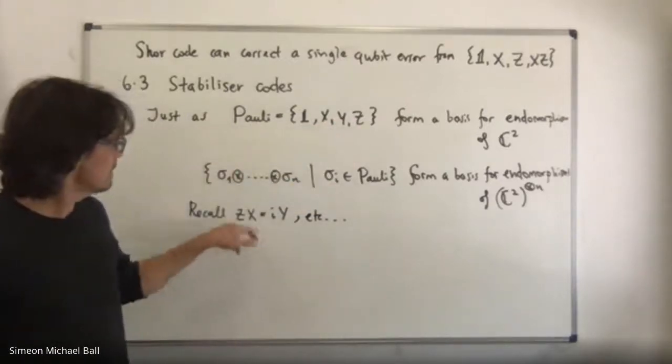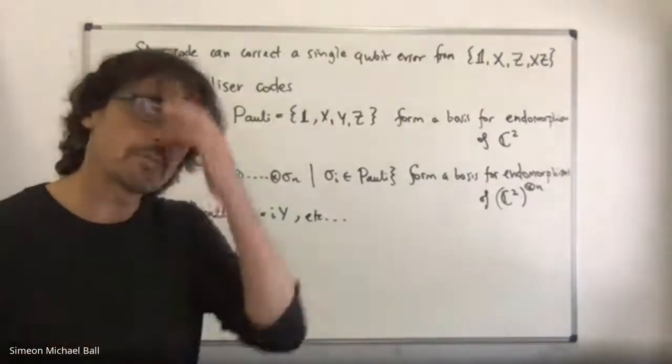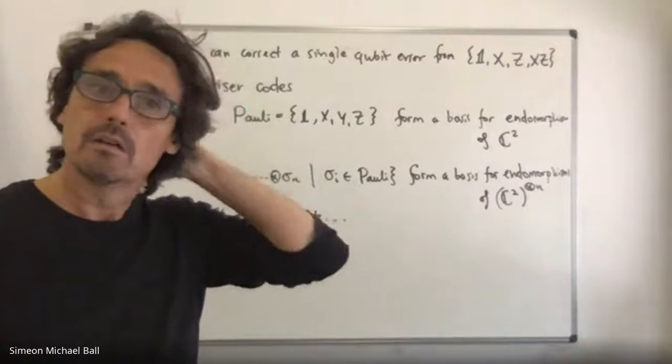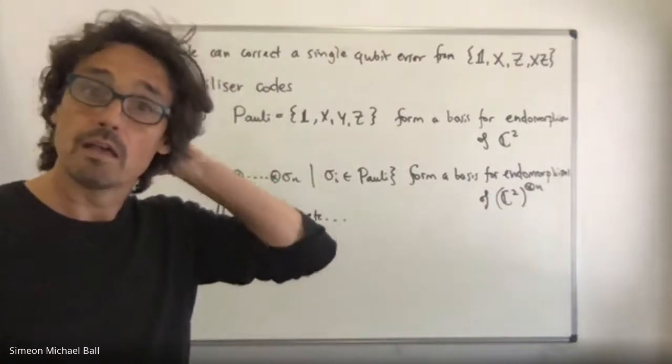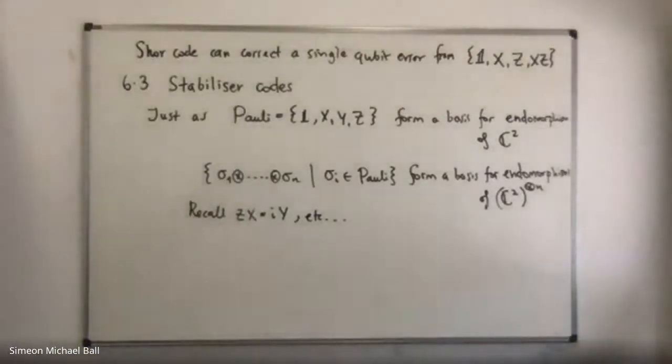We've just got i's, and if you put XZ, then it's going to be minus iY. So up to plus or minus i, we almost get a group. So we define the group. I don't know if I gave it a name, yes.